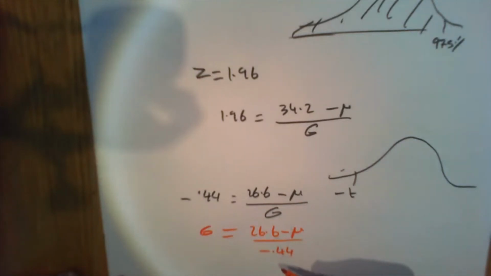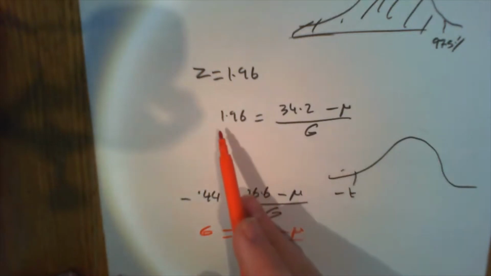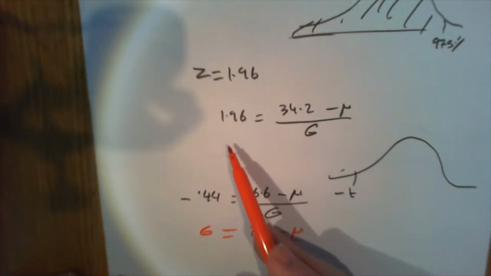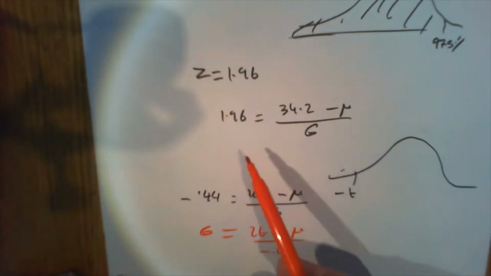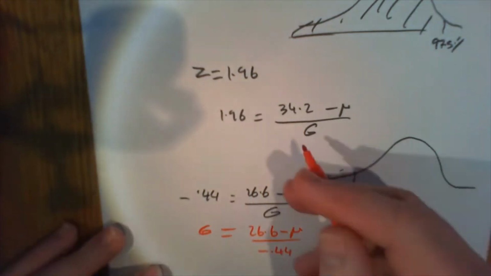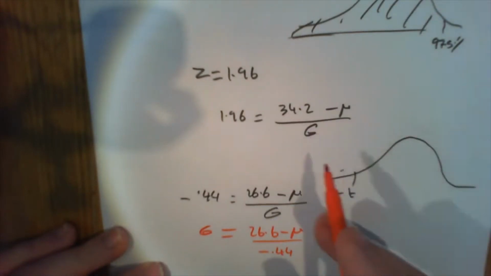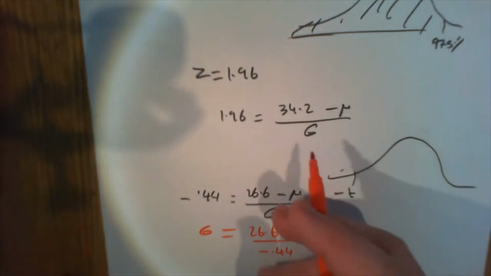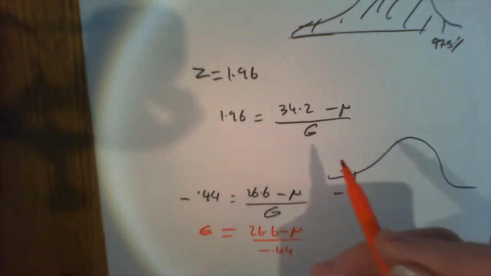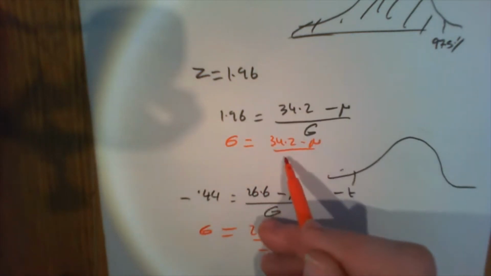If we substitute that formula, I'm trying to think, should I rearrange the other one in terms of sigma as well? That would make it a bit better. I could substitute that in, but it's just going to be hazy. If I rearrange this in terms of sigma, I can just make the two sigmas equal to each other. So sigma is going to be 34.2 minus mu over 1.96.